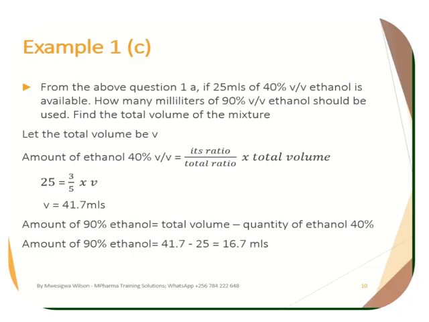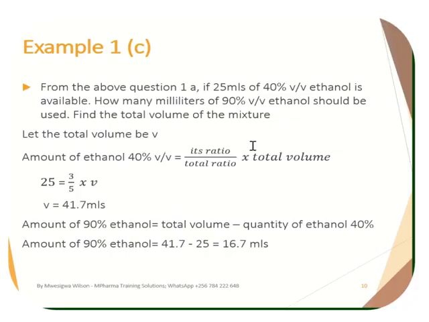In such instances, we have seen how we got the quantity of ethanol 40%. It was its ratio divided by the total ratio times total volume, which means that in this question we have the ratio of 40%, the total ratio, and also the amount of ethanol to be prepared.